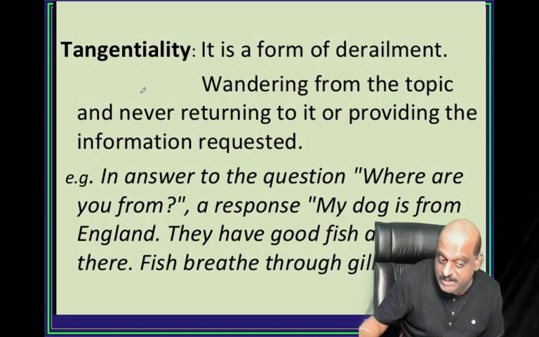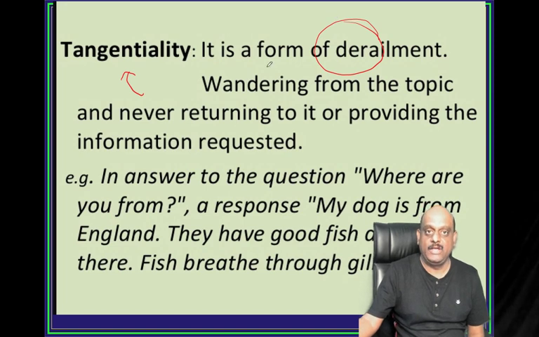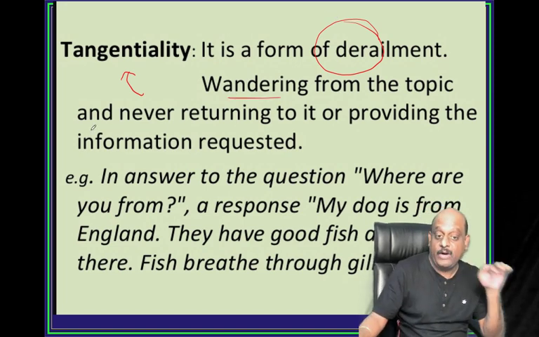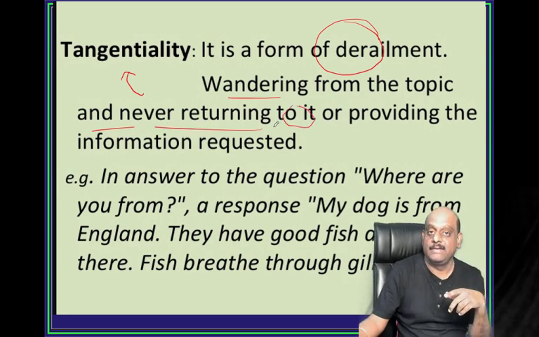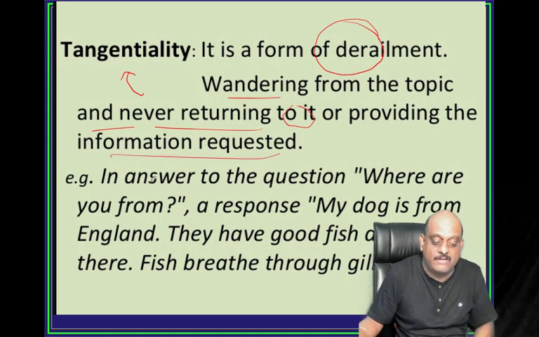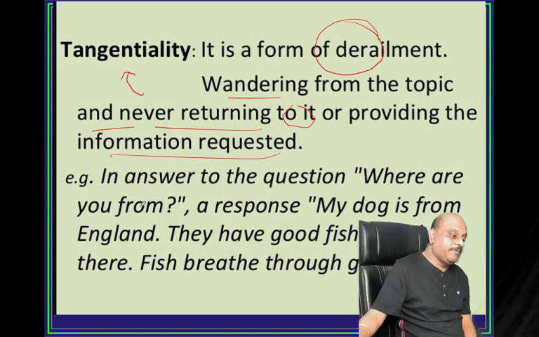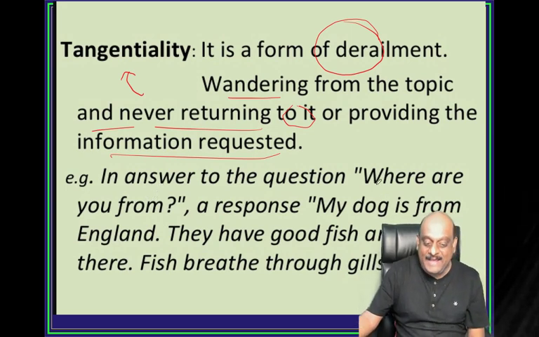So tangentiality, it is a kind of derailment. The patient is wandering from one topic to another and never returning to it, or he is unable to provide the information requested. Suppose if you ask him a question, example of tangentiality. Beta, where are you from?